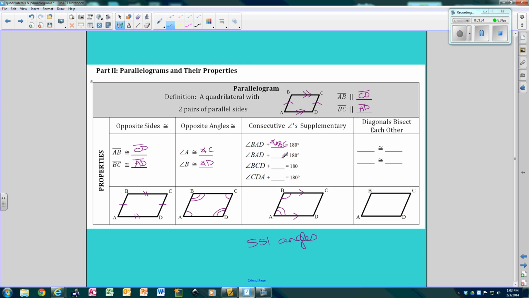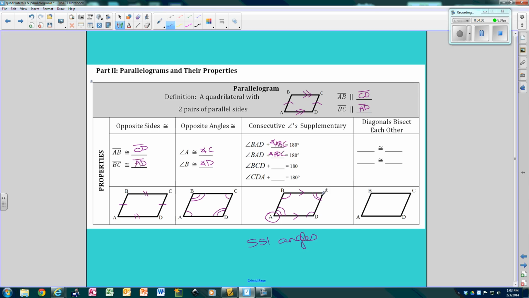Now if we look at BAD again, we're still talking about this angle A right here. BAD is next to ADC, so they are supplementary. What about angle BCD? That would be this one here.